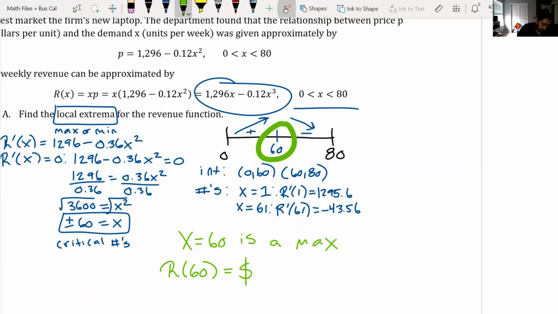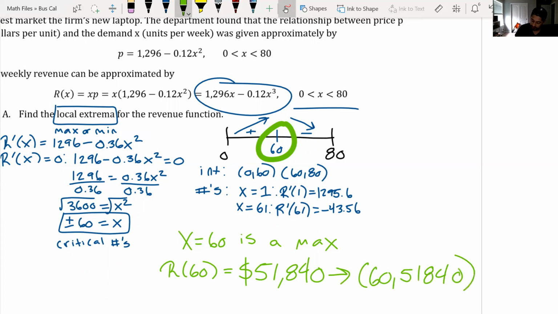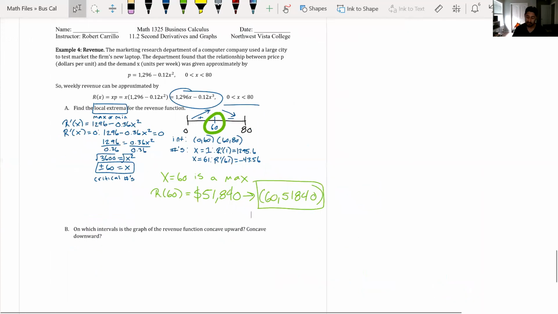And if we sell 60 units will make $51,840 in revenue. This means our maximum is at 60 and 51,840. There's that. Okay, there's the max.